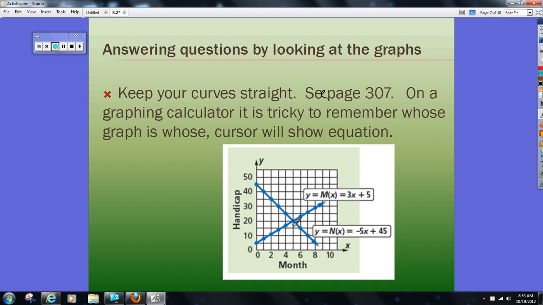If you look here, you could tell where these two lines intersect. It would be at 5 months, and it looks like at a handicap of 20. And when you are asking what they mean in real life situations, just make sure that you have this curve as the m of x and this one is the n of x, so that you remember what you're talking about, because sometimes they ask you to refer back to a certain line.